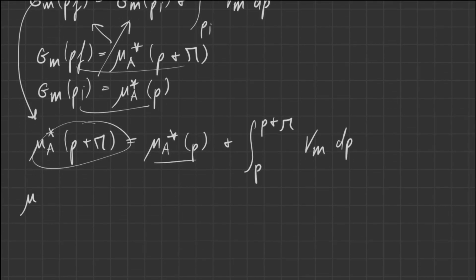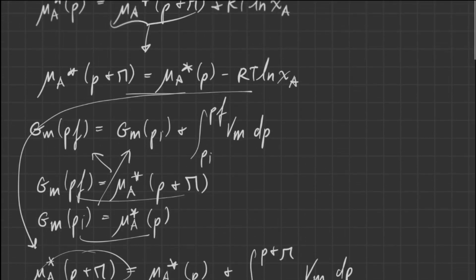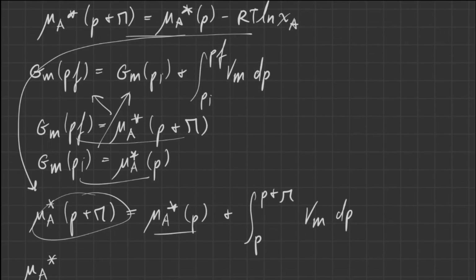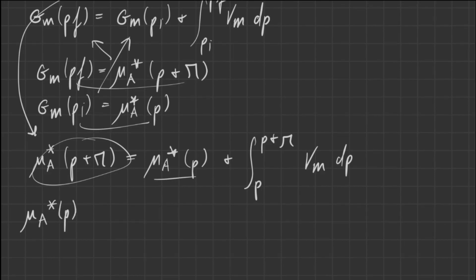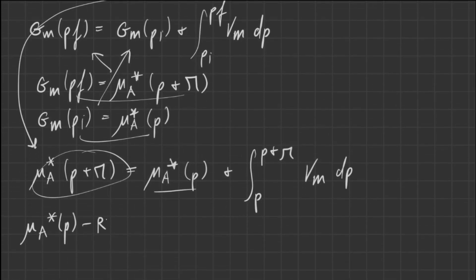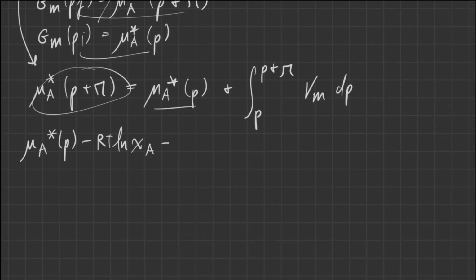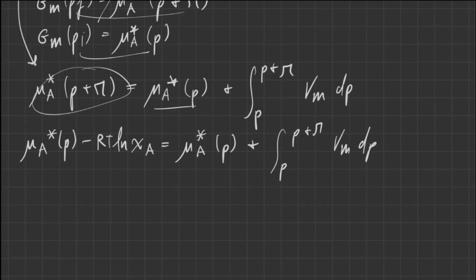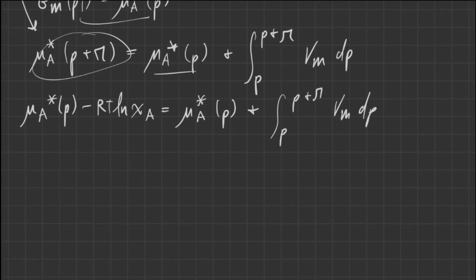So plug it in and you get your standard chemical potential of molecule A or solvent A at the initial pressure minus RT natural log of the mole fraction of A is equal to the chemical potential of A standard at P plus this integral of the molar volume of the solvent with respect to change in partial pressure.